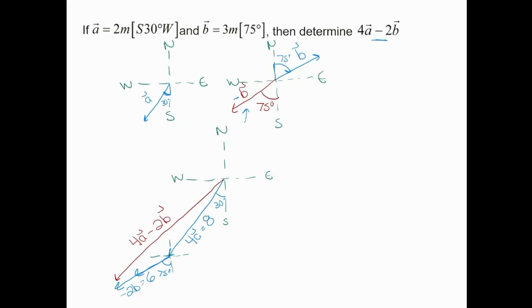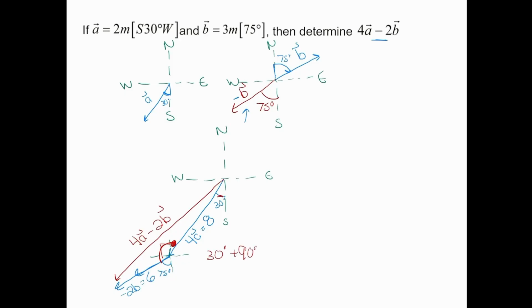In order to be able to figure that out, we need to know what this angle here is. And we can figure that out just by looking at what angles we have. So if this angle here is 30 degrees, then this angle right here is 30 degrees. So I know I have to add 30 degrees. Then we have another 90 degrees.